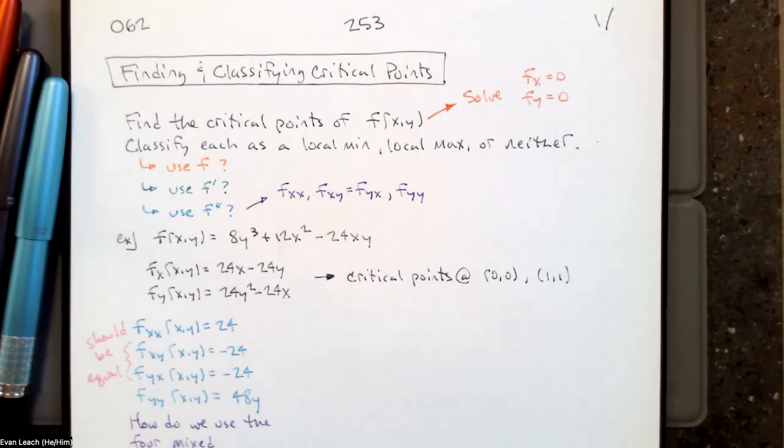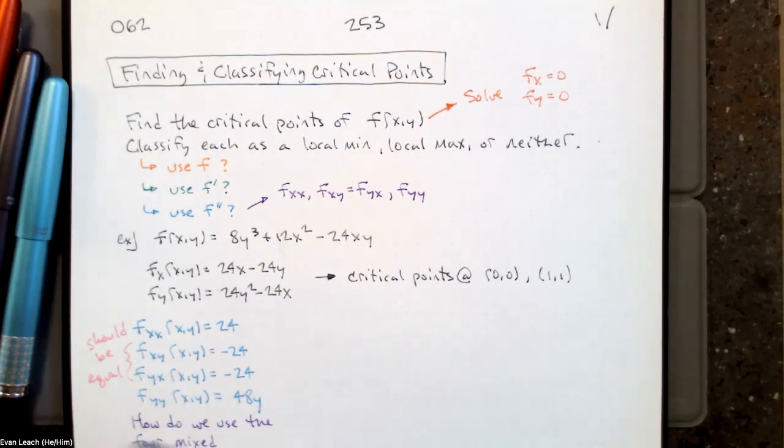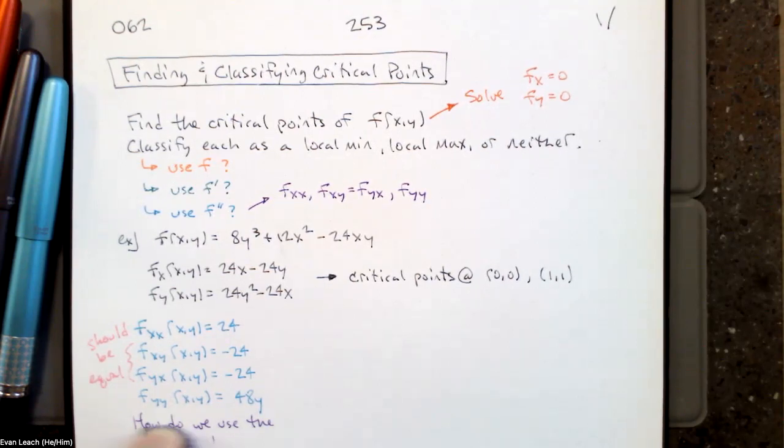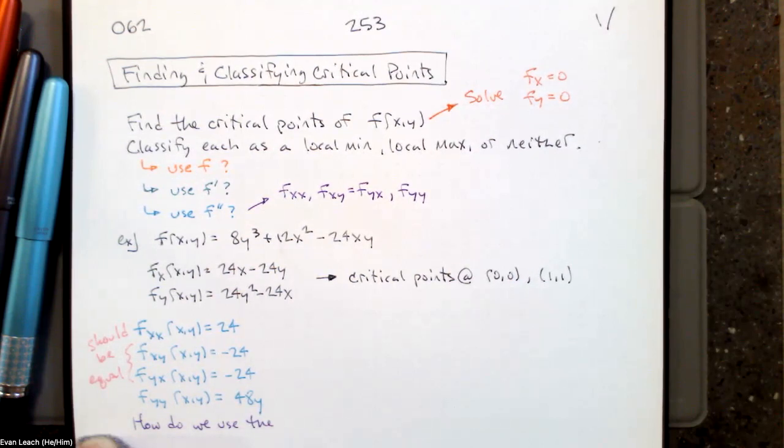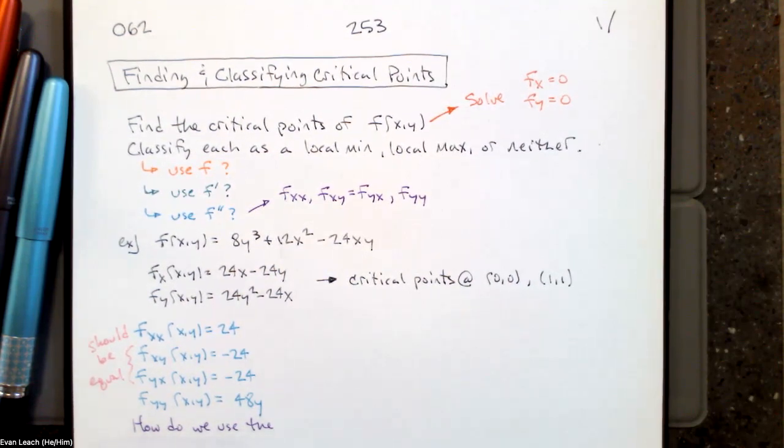And we've got to figure out how to use that to classify our critical points. And so that's where we're at today. We want to think about how we use the four second partials.